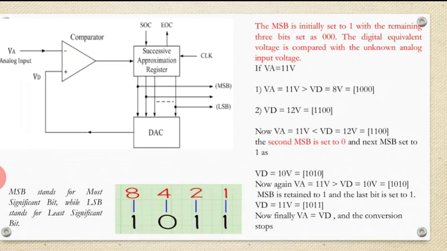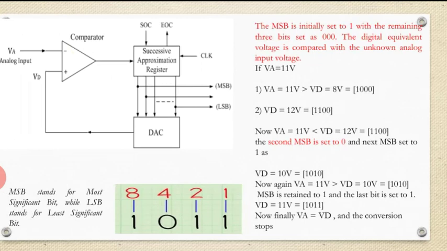Now it will be compared with 11 volt. VA is 11 volt, which is greater than VD. I hope it is clear. VD is the digital to analog conversion output. How much was it earlier? Digital 1000, that is 8 volt. I hope it is clear.